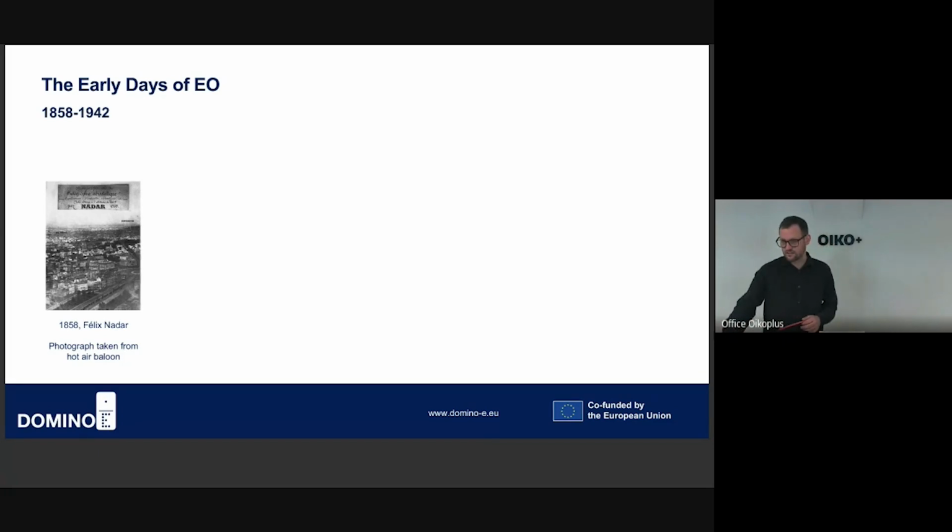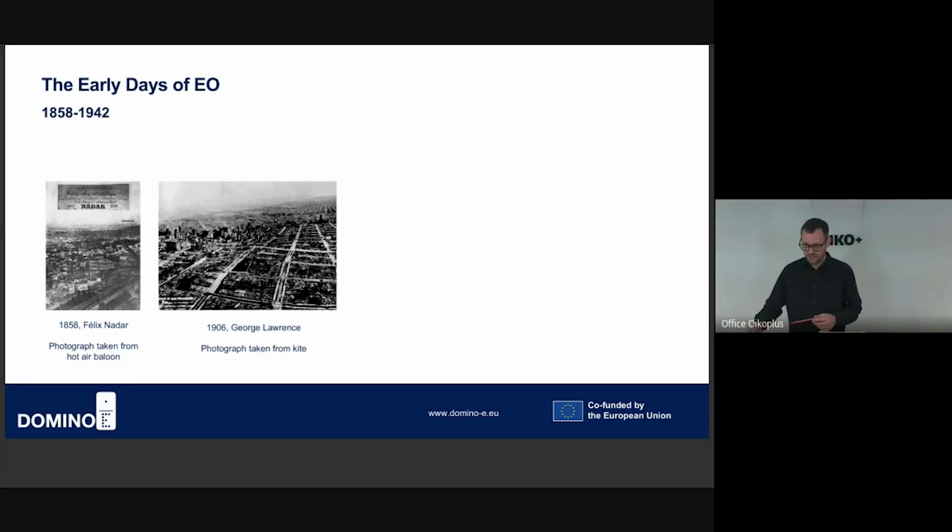Fast forward 5 decades later, George Lawrence took this rather iconic picture of San Francisco. It is a picture of San Francisco after the earthquake that year, which also resulted in huge fires. He captured the devastated city and the dimension of this devastation.